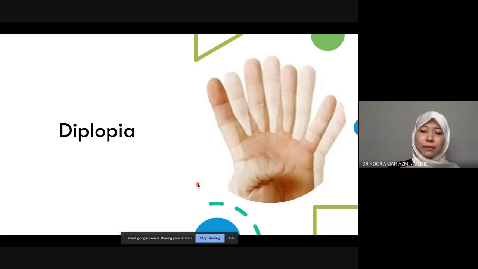Okay, there are two types of diplopia. All right. So again, it's uniocular or binocular. So binocular diplopia is usually something that involves the alignment. But if it's uniocular, that means the patient closes one eye, and the diplopia is only in one eye. Then usually it is something that is related only to the eye.